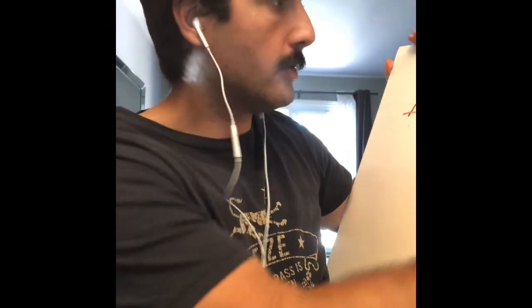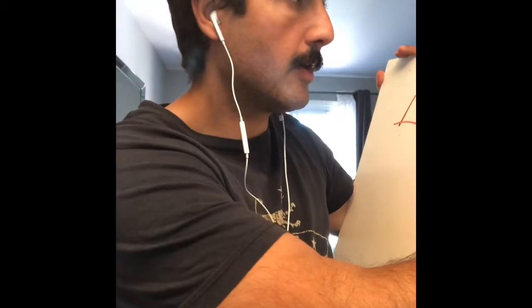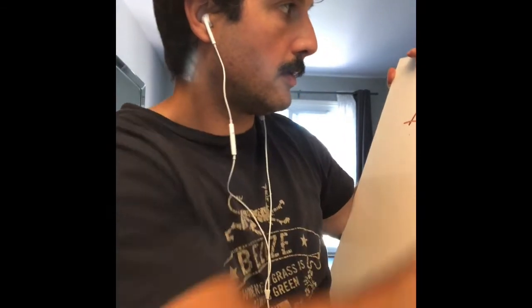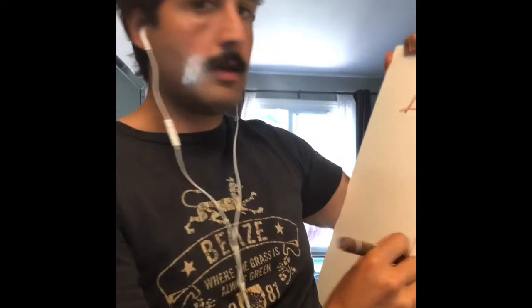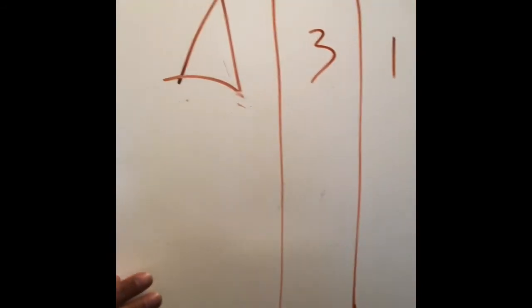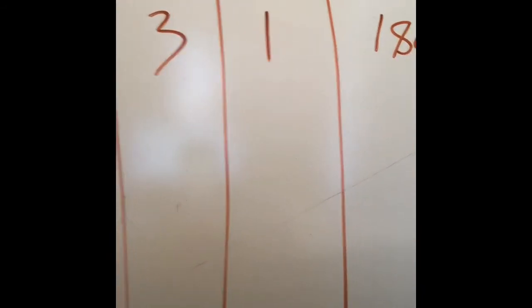Number of triangles, you only have 1. And the sum of the interior angles is 180 degrees. So your very first one, there's your triangle, 3 sides. It makes 1 triangle, and there's 180 degrees.